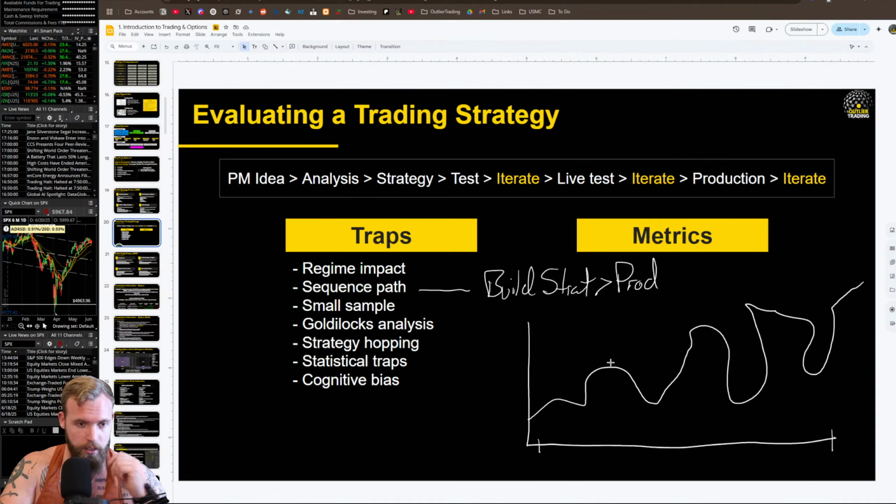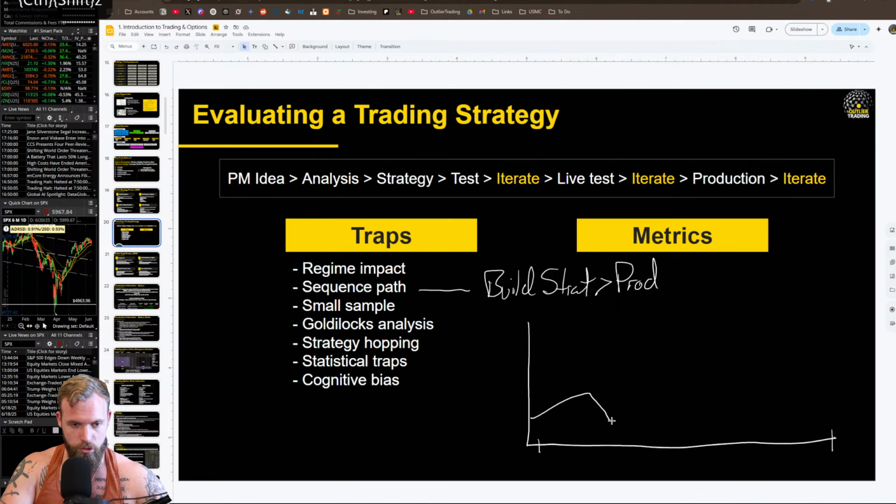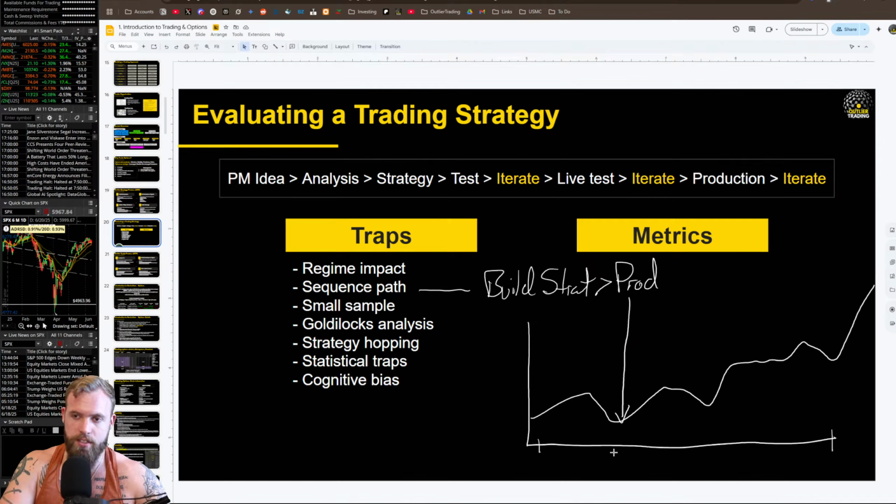Let's actually draw something that might be a little more reasonable. So if somebody takes this strategy to production right here, and let's say that this strategy is what I was referring to before, because it's simple. We're going to buy 30-day calls and roll them every 2 weeks out in time, just over and over again.